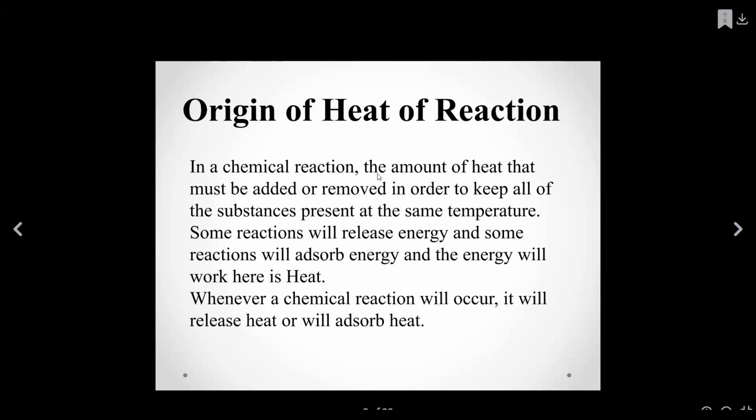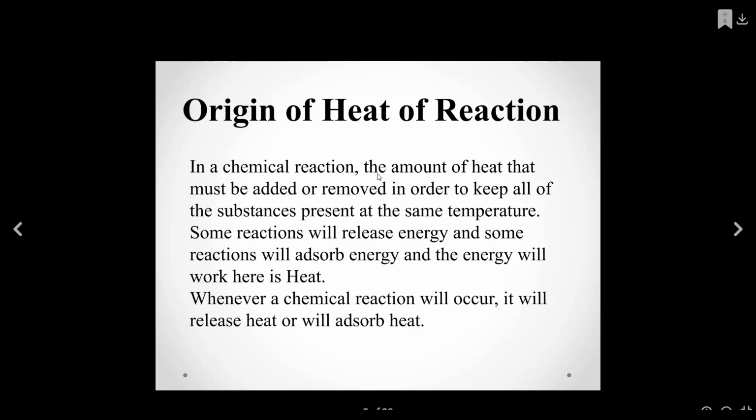In these chemical reactions, when the bonds are broken or formed, the energy is usually released, and in some of the reactions, the energy will be absorbed. The energy here we are talking about is heat. So when a chemical reaction occurs, it will release heat or absorb heat.